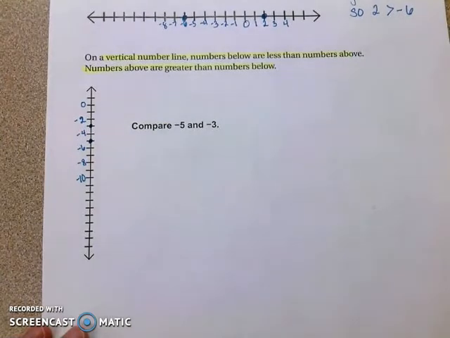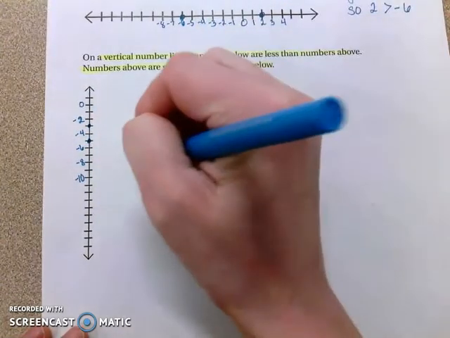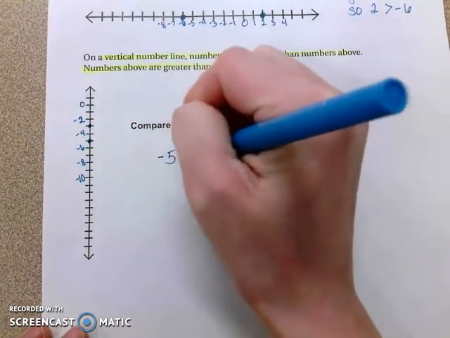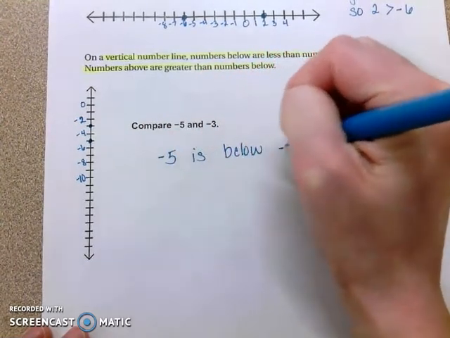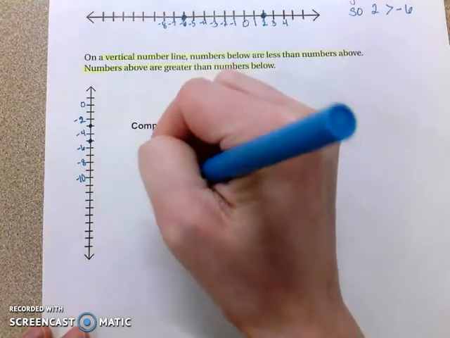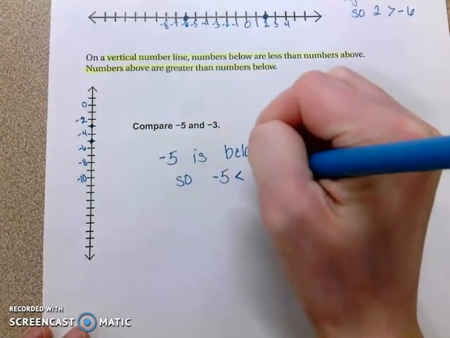Okay, so now I can say, negative 5 is below negative 3. So I can say that negative 5 is less than negative 3.